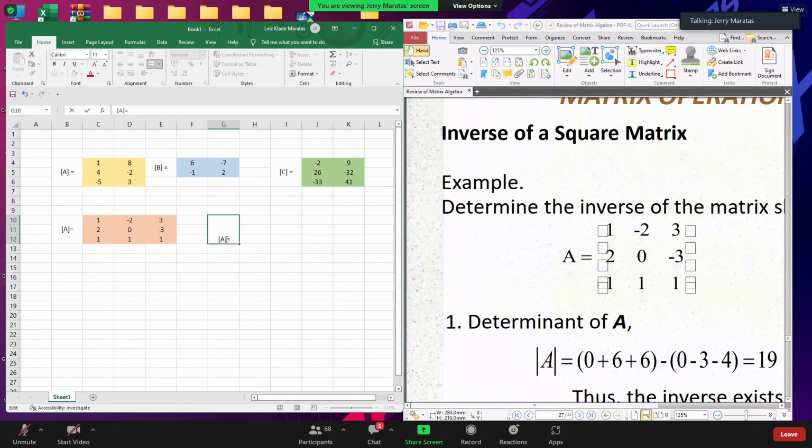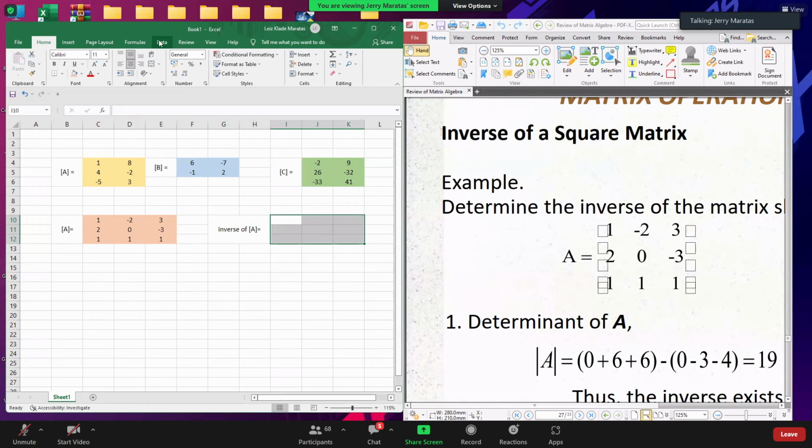Now let's get the inverse of this matrix A. Inverse of matrix A. So, ano to? Pag-format na lang. Okay, the result is also 3 by 3.